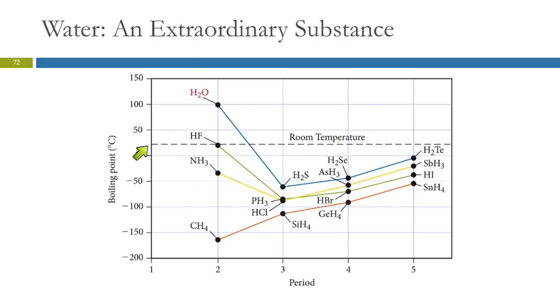But these guys break that trend. Why? Because of hydrogen bonding. ET phone home, right? FON. So there's fluorine, there's oxygen, there's nitrogen. Bonding with hydrogen, these can all do hydrogen bonding. And so their boiling points are significantly higher than what would be expected for substances of their molar mass.